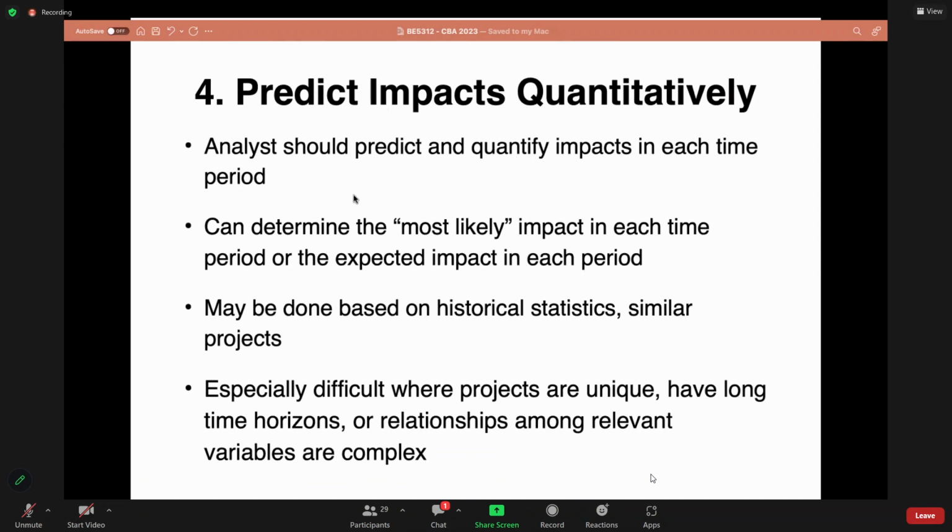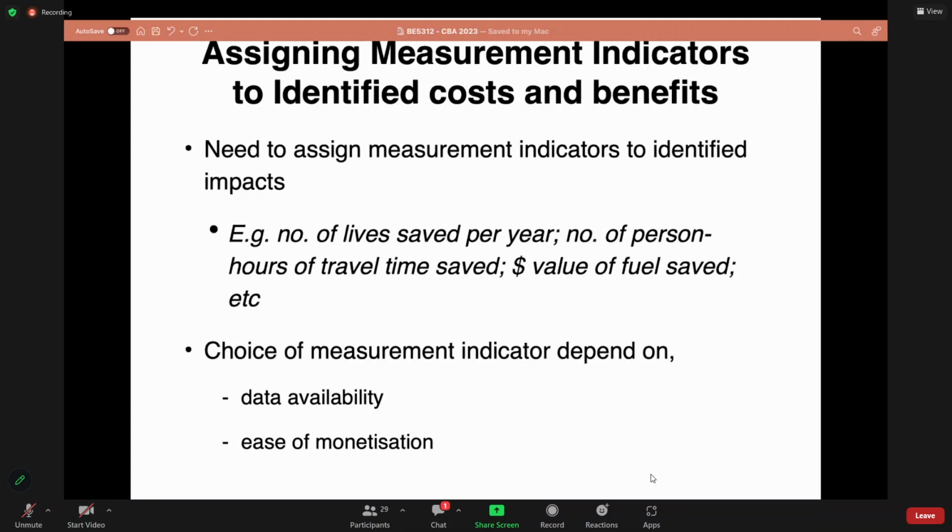And then you have to go and forecast or predict the impacts over the life cycle of the project quantitatively. So, say, as an analyst, you might have to determine the most probable or most likely amount of impacts that might happen during the life cycle.